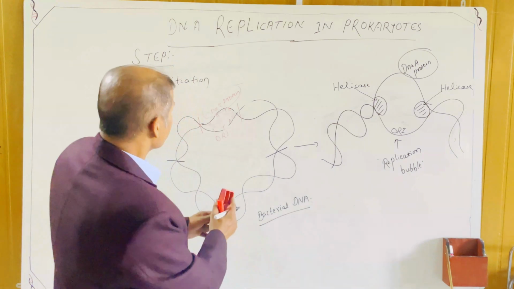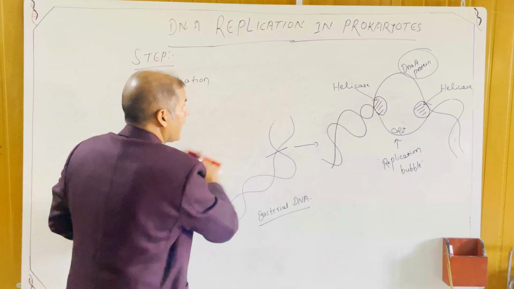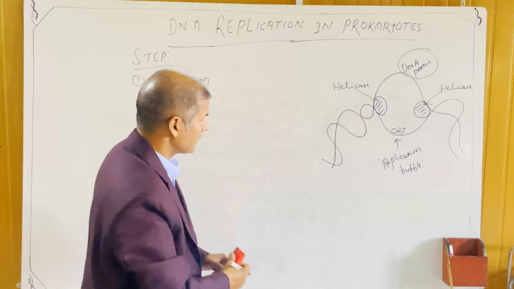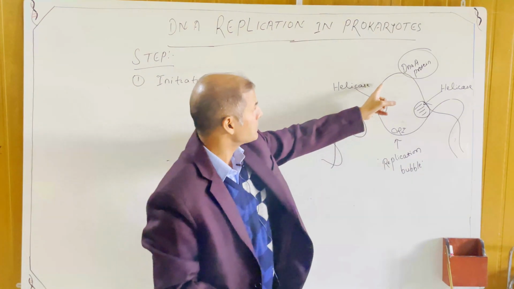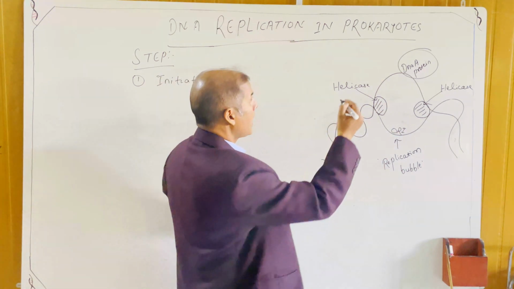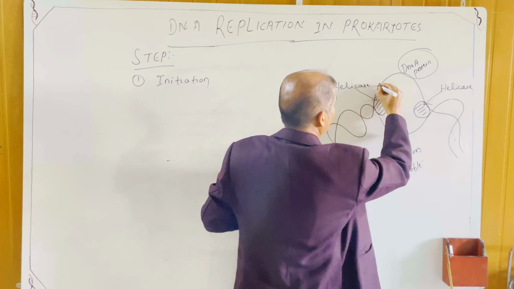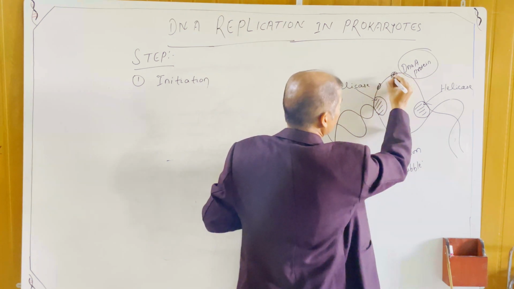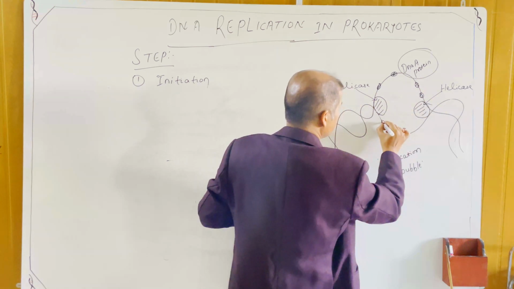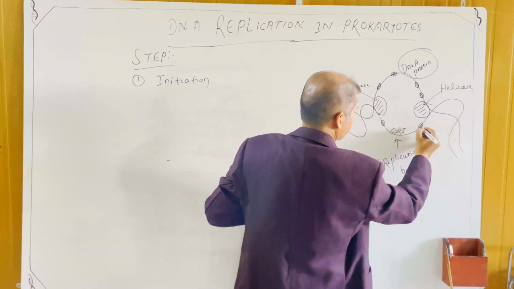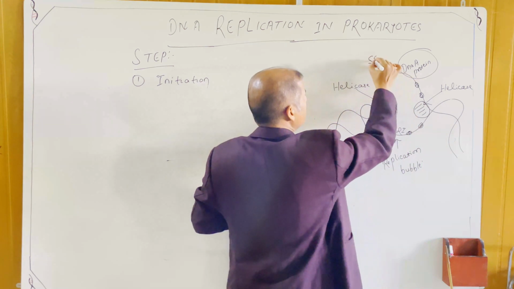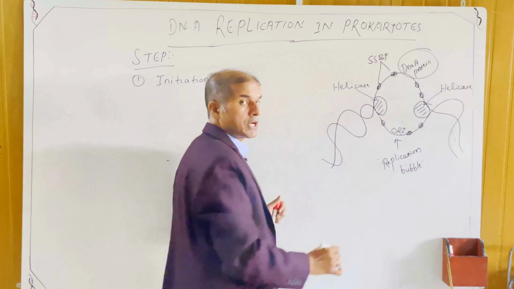Just to prevent the process of re-annealing, as soon as single strands are formed, they are bound with a special type of protein called single strand binding protein, simply SSBP.